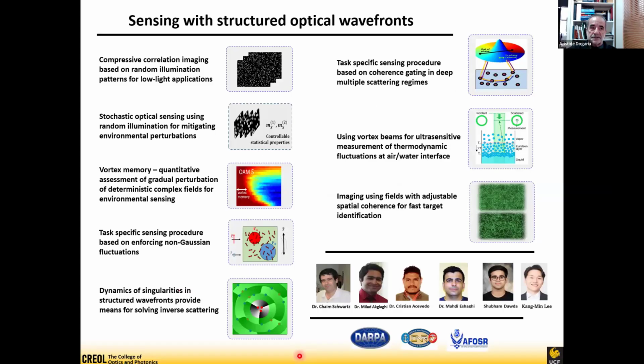And this is a summary of the snippets of research that I listed today, all of them under the umbrella of structured optical fields, originating from purely stochastic concepts, or as a result of interaction between a deterministic phase controlled beam-like field and the unavoidable randomness on propagation. And with this, I thank you very much.